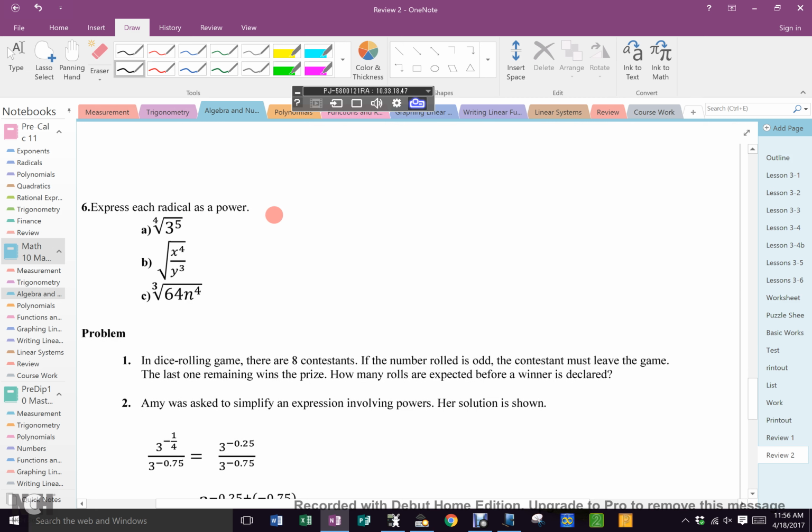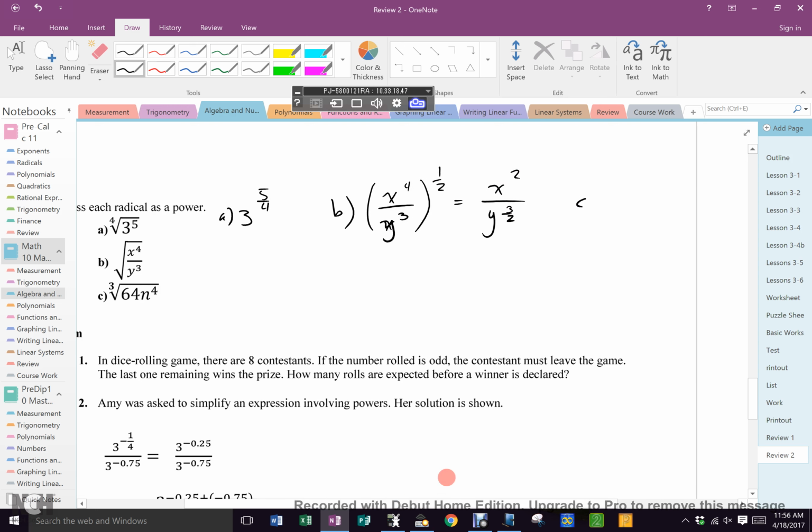Express each radical as a power. A is 3 to the 5 over 4. B is x to the 4th over x to the 3, all to the 1/2, which is x squared over y to the 3 over 2.